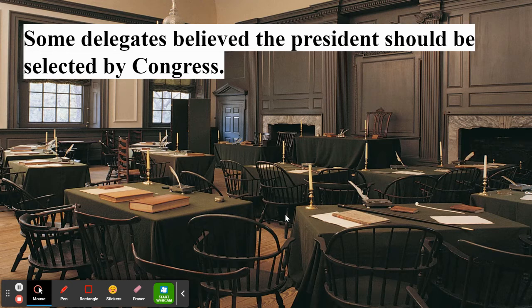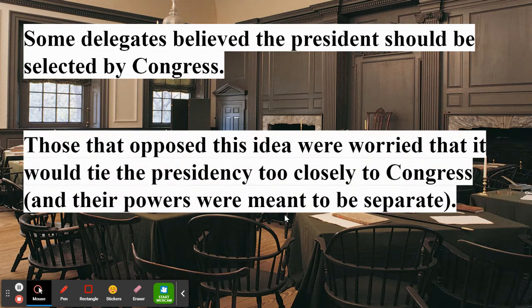On the opposite side, there were some delegates that believed the president should be selected by Congress. Those who opposed this idea were worried that it would tie the presidency too close to Congress, maybe leading to corruption or factions, and that the power of the president and the power of Congress were meant to be separate, not twisted in this mingling of the election.